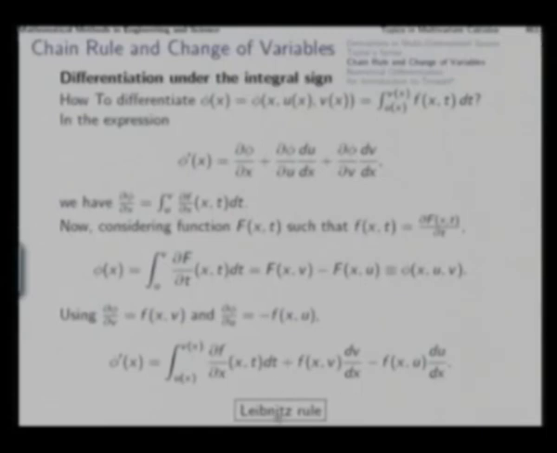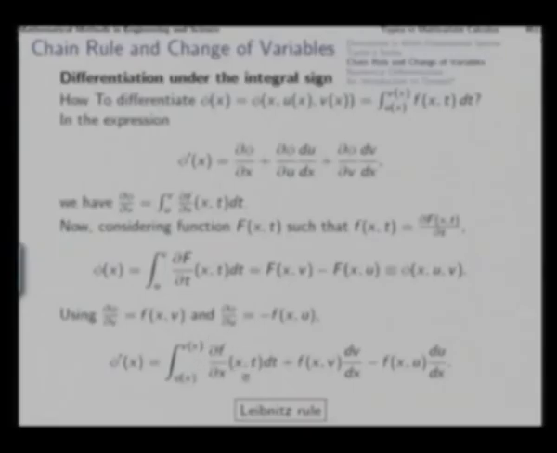This is called the Leibniz rule. The special case is the one in which u and v, the limits of the integral, are constants or independent of x. In that case, we have only the first term, and these two terms will not be there. So, this is called the Leibniz rule, and it is used for differentiating under the integral sign.